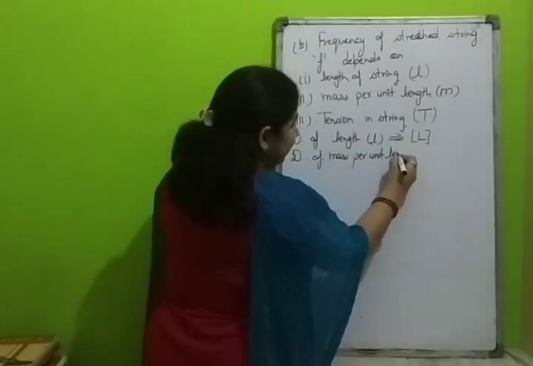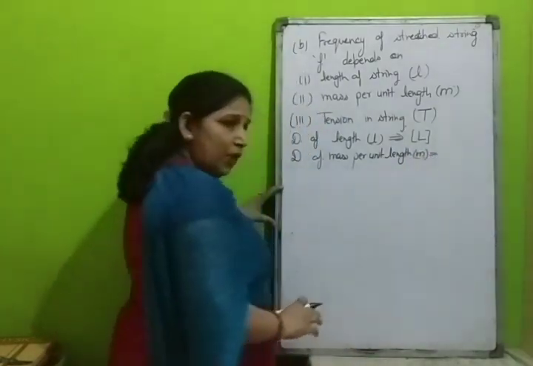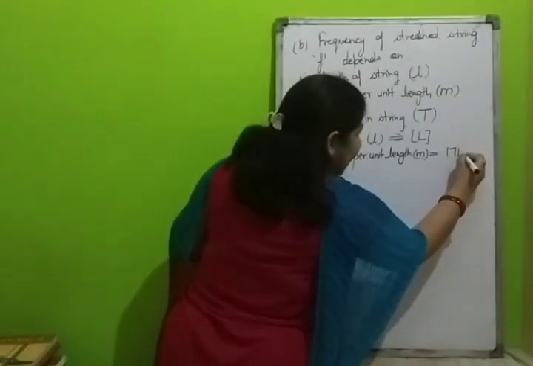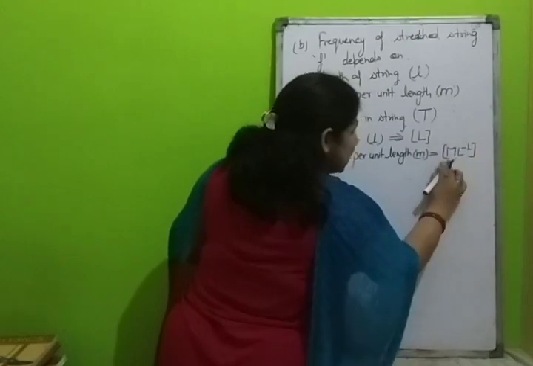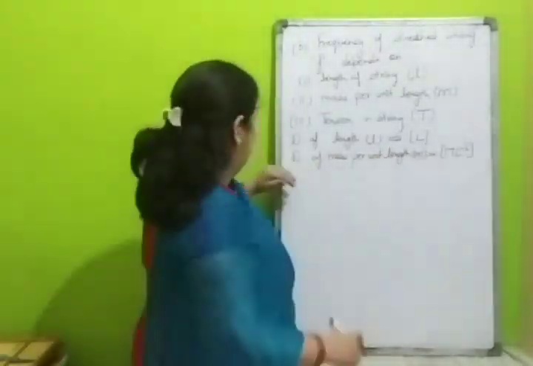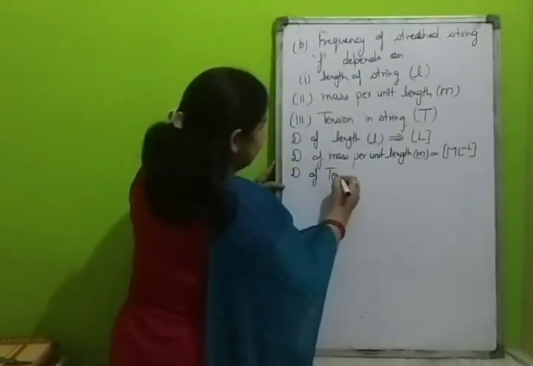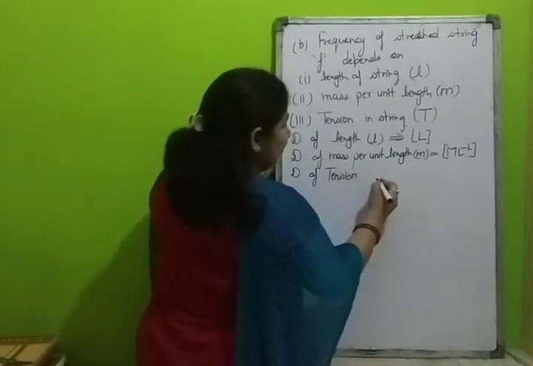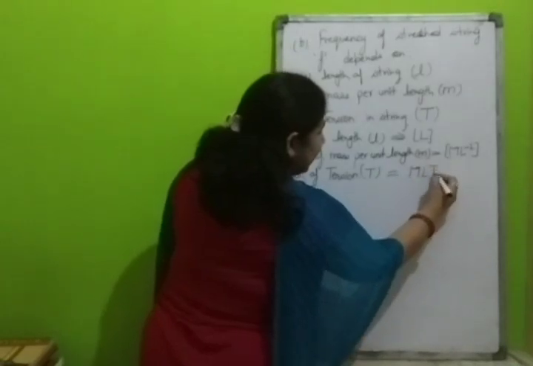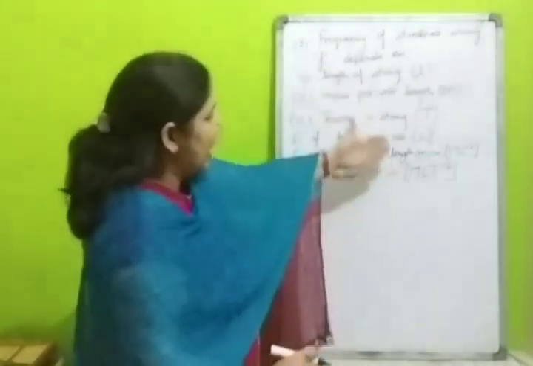We represent it by small m only, but the dimension will be M L minus 1, since mass is divided by length also. Then the dimension of tension. Tension is a type of force, so the dimension will be the same as force: M L T minus 2. Got it? These are the dimensions.